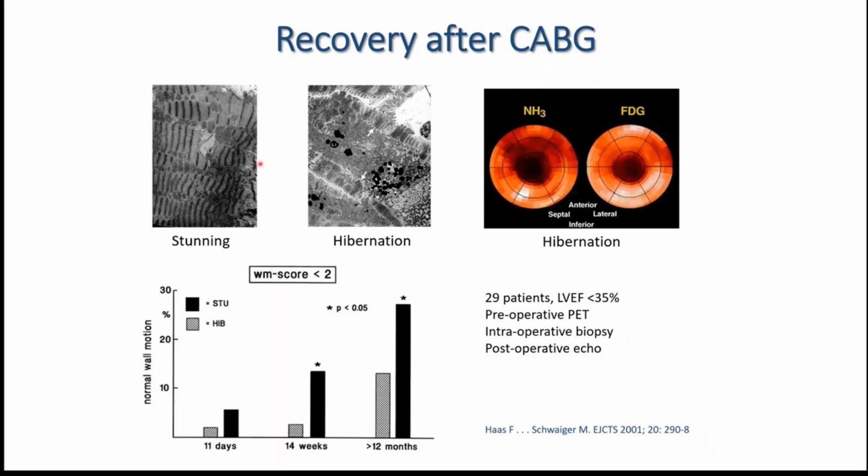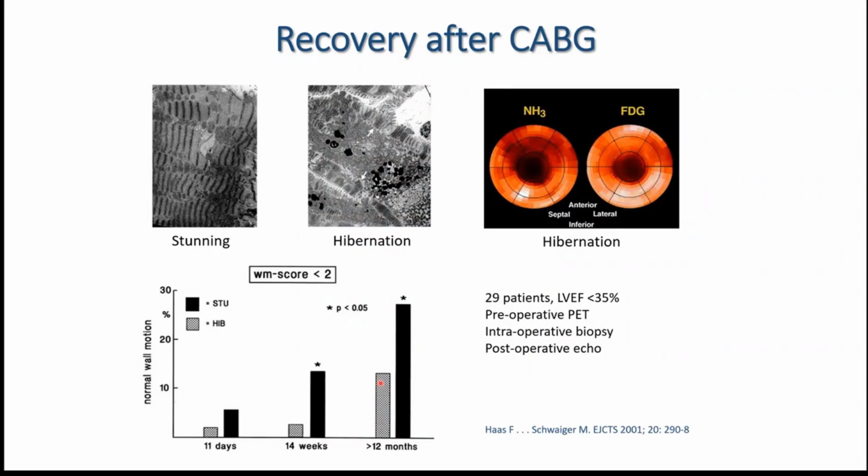This was PET and actually snippets of myocardium taken out as well, showing similar things to what I've just shown you, but with the myocardium defined as stunned or hibernating, and the wall motion score improving a little bit at 11 days, but not much at all at 14 weeks with hibernating myocardium, significantly with stunned, but hibernating myocardium beginning to improve by 12 months.